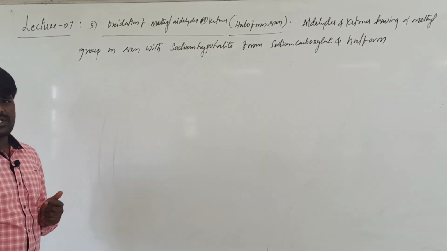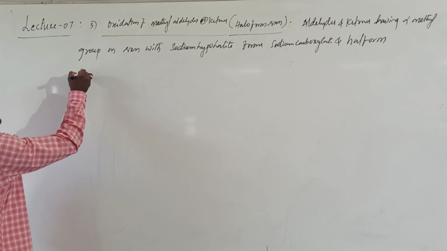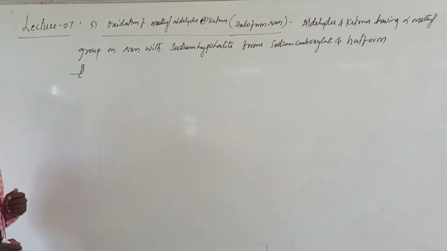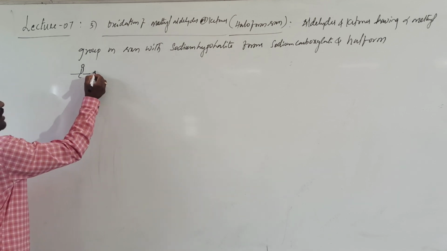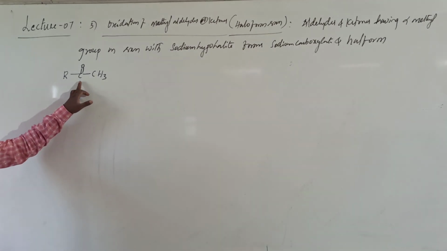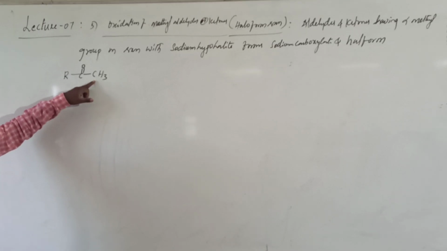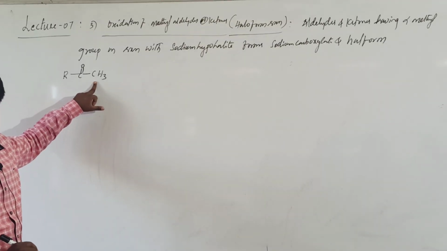First of all, you should know what is meant by an alpha methyl group. Suppose this is a carbonyl group, the adjacent carbon will be called the alpha carbon. Are you getting this? This is the carbonyl carbon, the adjacent carbon is called the alpha carbon. This alpha carbon has to be a methyl group, it has to be a CH3.